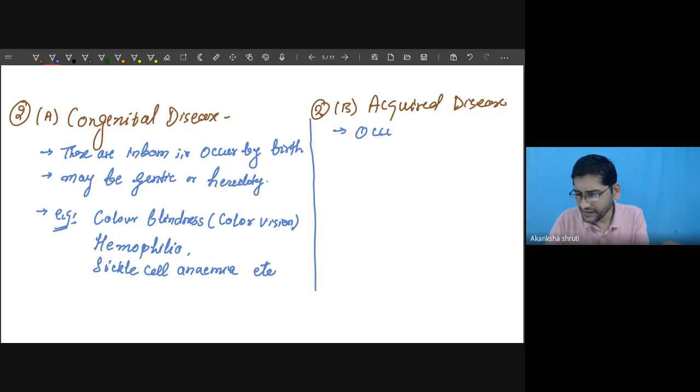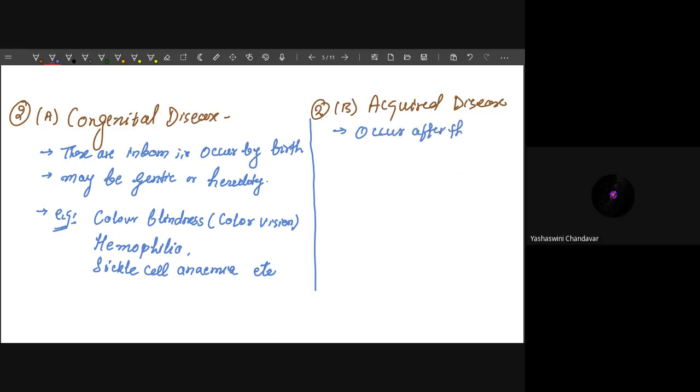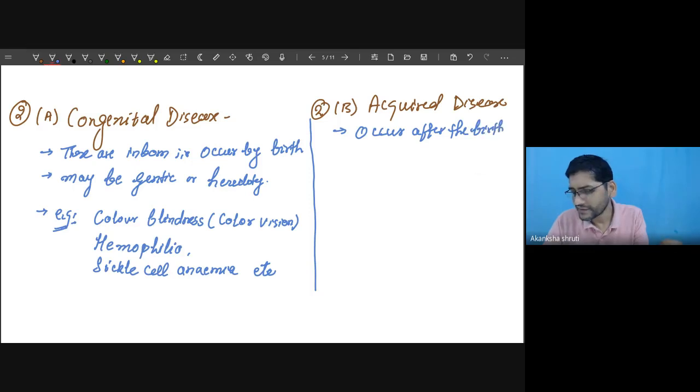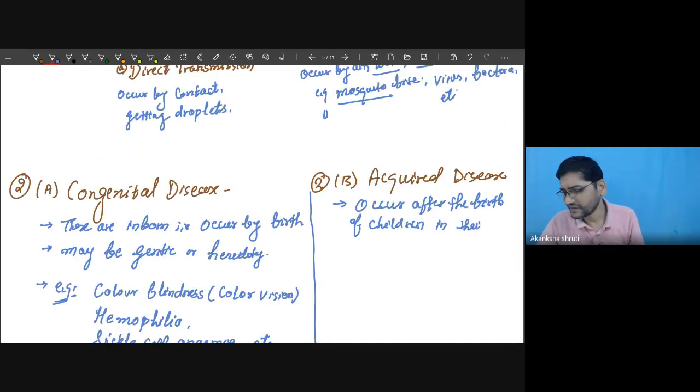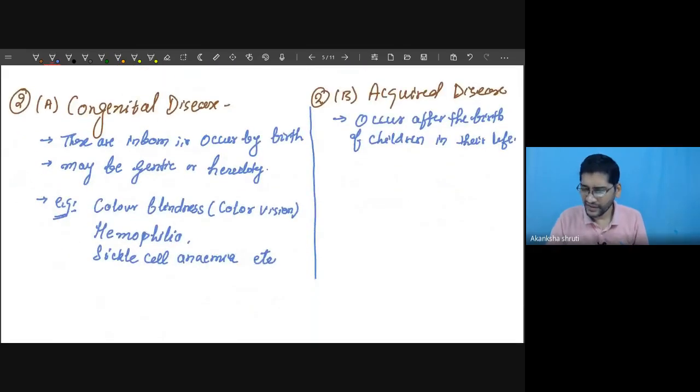That which occurs after birth, after the birth of the child or baby, in their life. Example, the common cold, fever, all these things are acquired diseases.